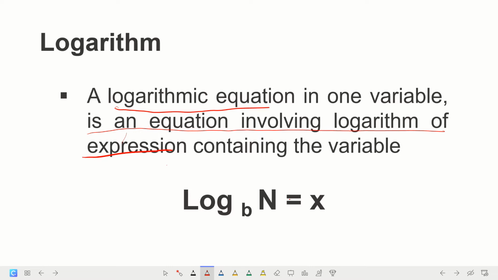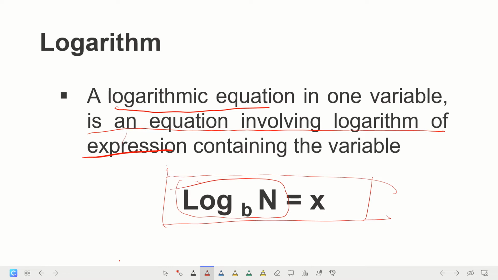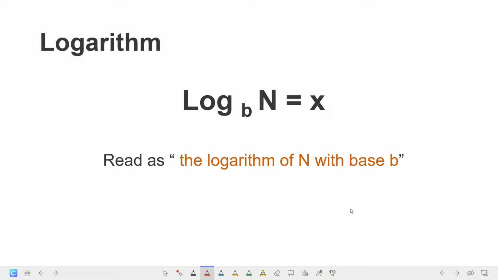So if this is an equation, we know that this is a logarithmic equation because we have this logarithmic expression. So log of n to the base b is equal to x. So ayan, kung paano natin babasahin, we have here the logarithm of n to the base b is equal to x, or logarithm of n with base b is equal to x, or pwede rin na the logarithm with base b of n.